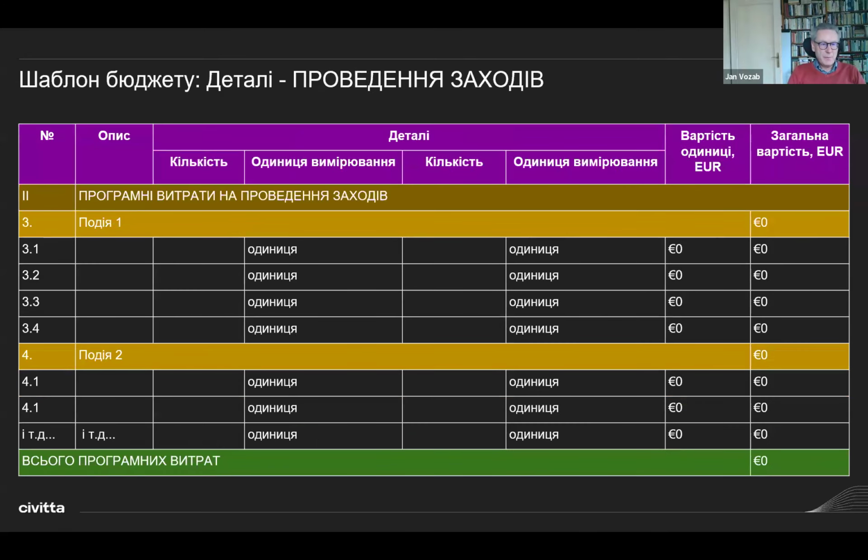So the second part of your budget will be the expenditures that are not personal ones, but are related to the project implementation. In this case, it's up to you which categories you decide on, depending on the type of project that you deliver. And again, you are required to provide information about the amounts and the units.